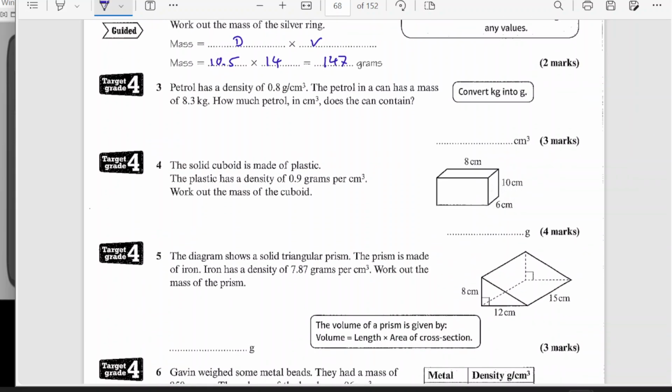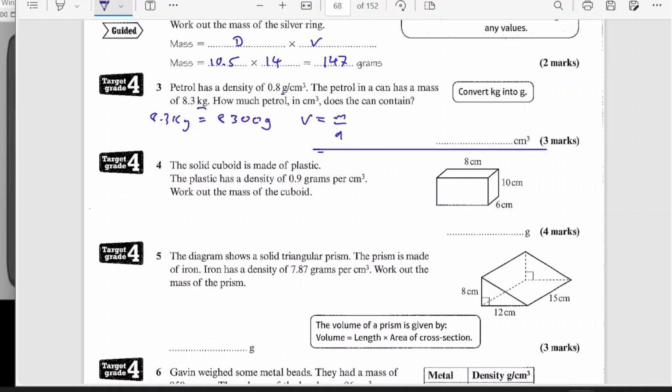Okay, question three. Petrol has a density of 0.8 grams per centimeter cubed, and the petrol in a can has a mass of 8.3 kilograms. Work out how much petrol in centimeters cubed the can contains. So first thing we notice is we've got a mixture of units. So we need to convert this into grams. So 8.3 kilograms is going to be equal to 8,300 grams. And then the volume is going to be equal to mass divided by density.